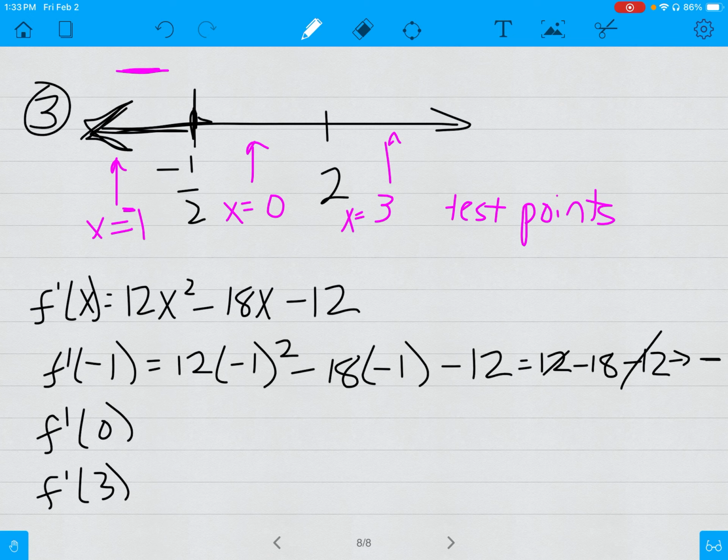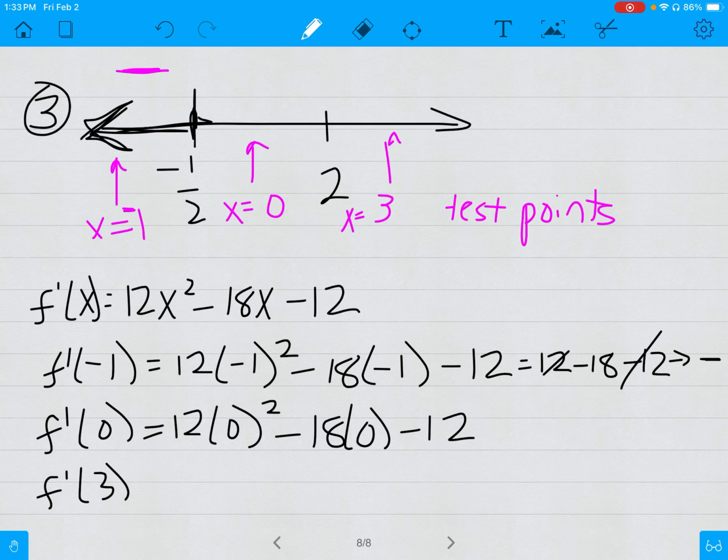Then we're going to look at f prime of 0. So we'll have 12 times 0 squared minus 18 times 0 minus 12. So, oops, I just recognized, I'm so sorry, I have a mistake here.